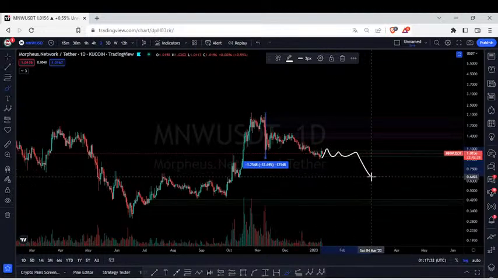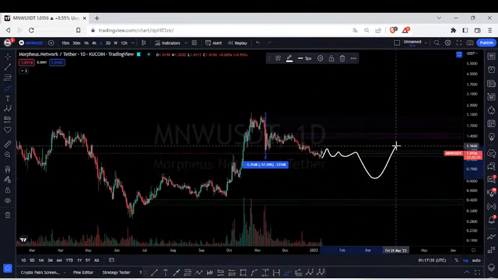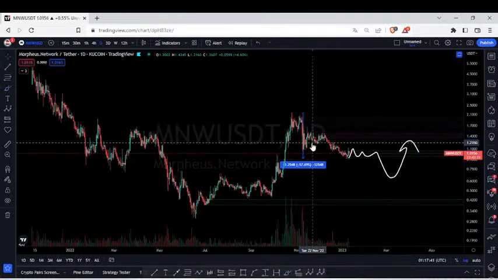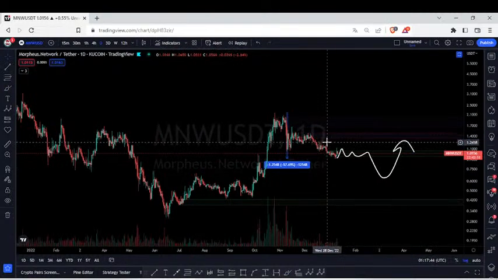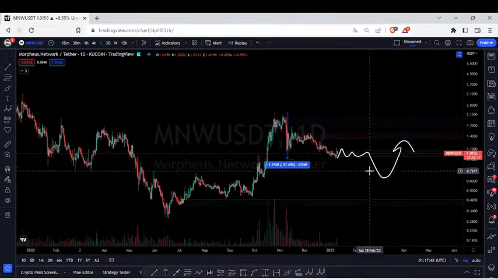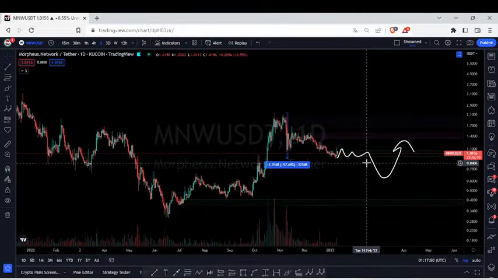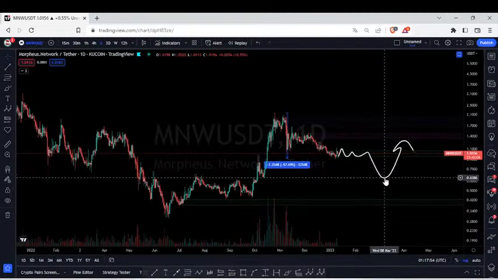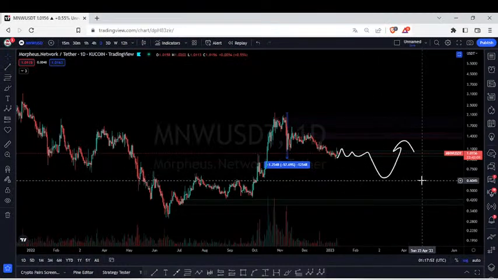It's going to take out the swing low and then bounce back up. If you join my Telegram, I do have something posted about Morpheus Network, and I did say it was going to come down to about 60s and 70 cents. Well, first target is going to be 80s, bounce up, and then come back down to test the 60s and 70s. That's going to be my major accumulation area.